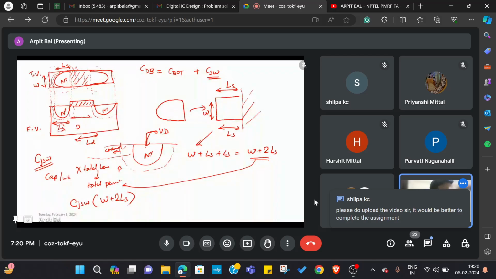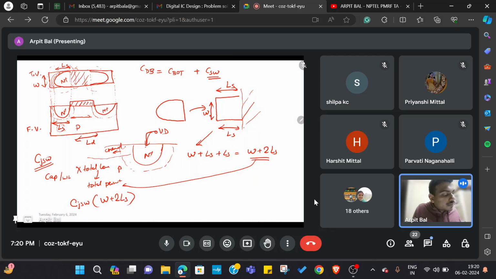So when I use an implant, let's say I use a P plus implant, instead of the diffusion region entering deep into the P region, it starts entering a bit more into the N plus region. So the effective entry into the P region decreases. So now it becomes something like this.